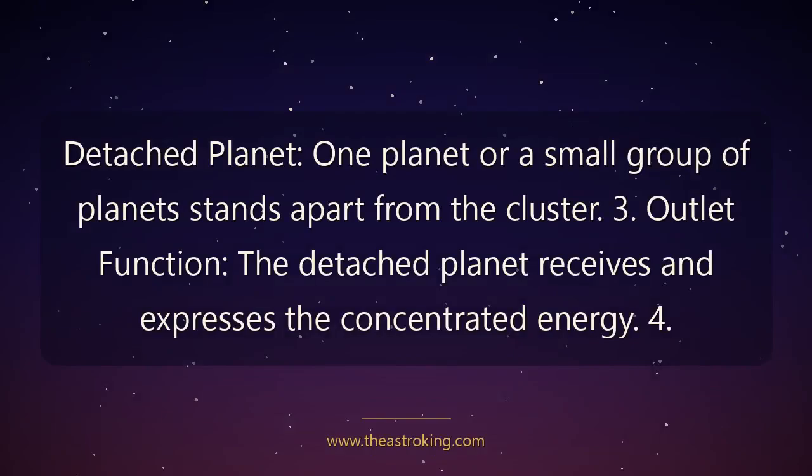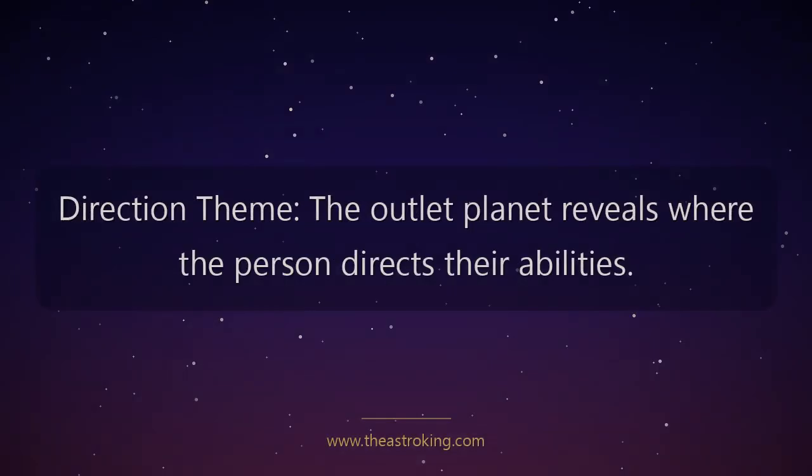Detached planet. One planet or a small group of planets stands apart from the cluster. 3. Outlet function. The detached planet receives and expresses the concentrated energy. 4. Direction theme. The outlet planet reveals where the person directs their abilities.